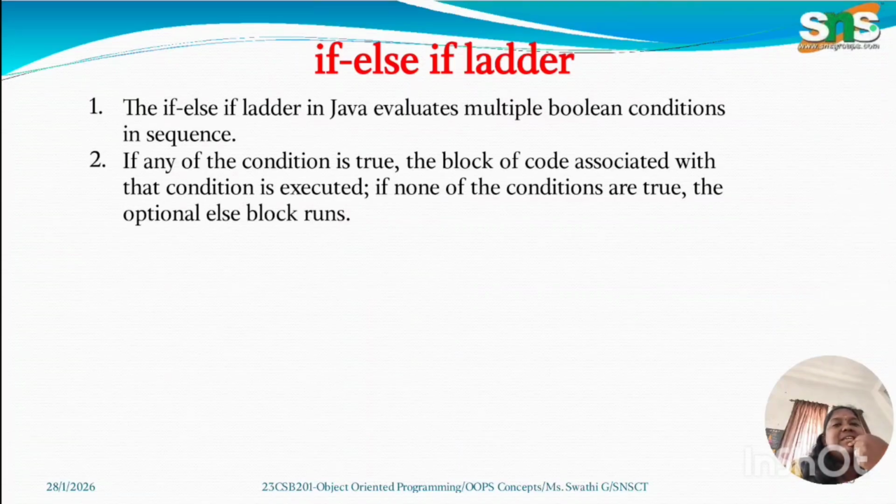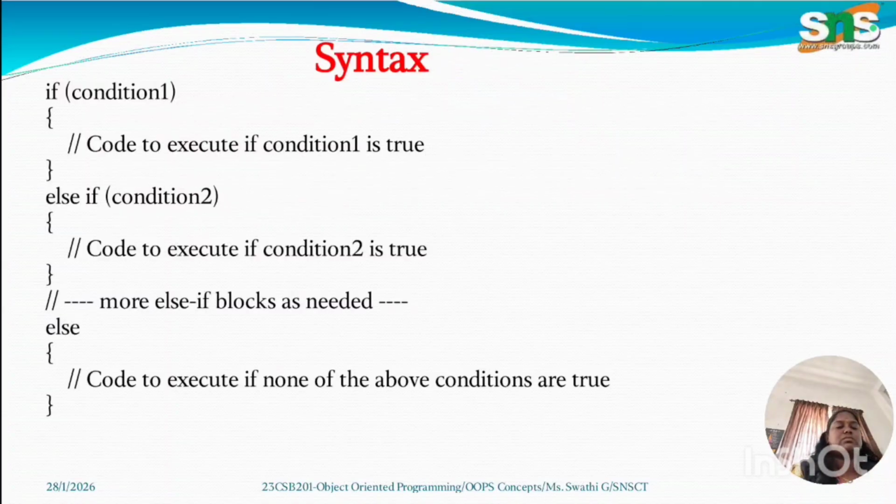The if else if ladder in Java evaluates multiple boolean conditions in sequence. If any of the conditions is true, the block of code associated with that condition is executed. If none of the conditions is true, the optional else block runs. Inside the if else, else if conditions will be given; that is an else if ladder.